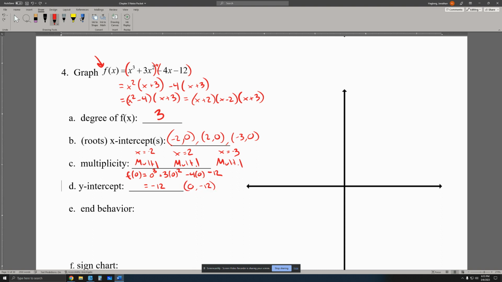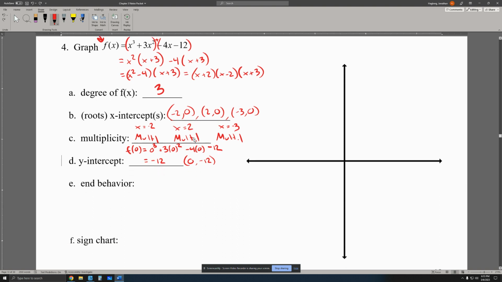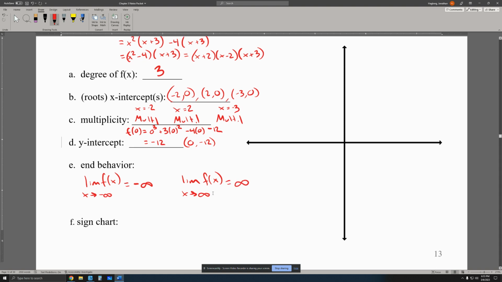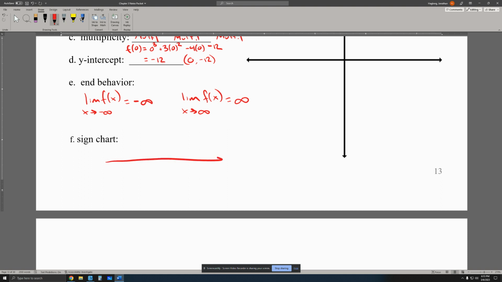All right. And behavior. So this is cubic with a positive leading coefficient. So the limit of f of x as x approaches negative infinity is negative infinity. And the limit of f of x as x approaches positive infinity is positive infinity. So a sign chart here.